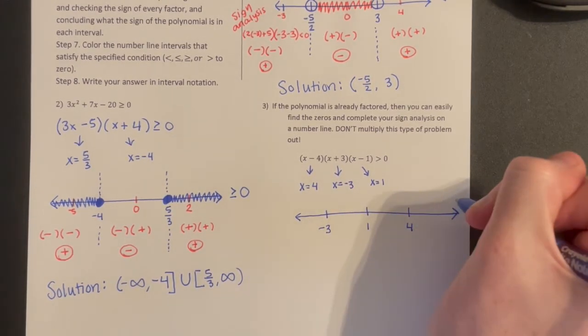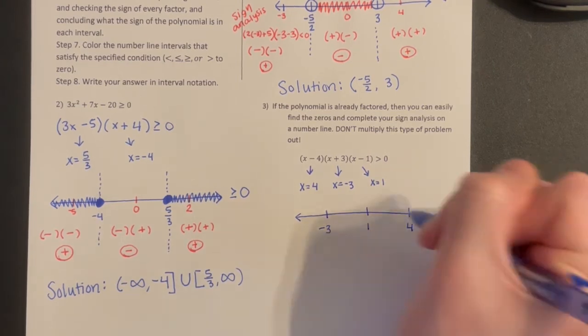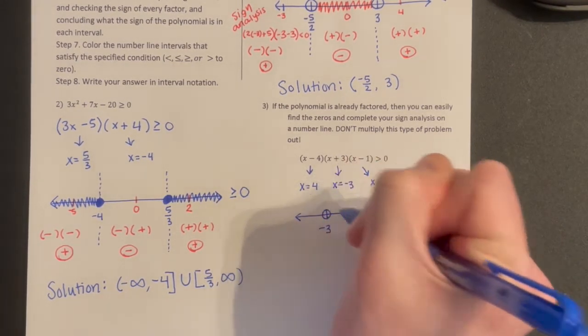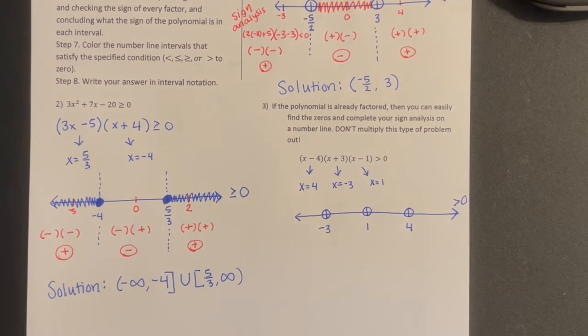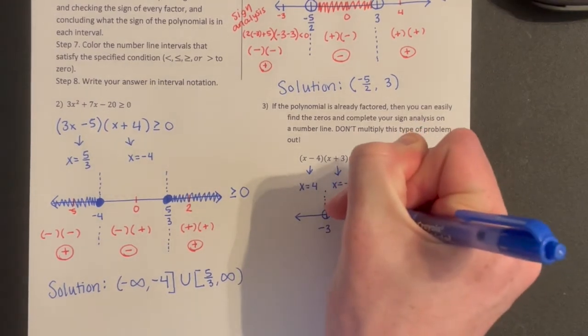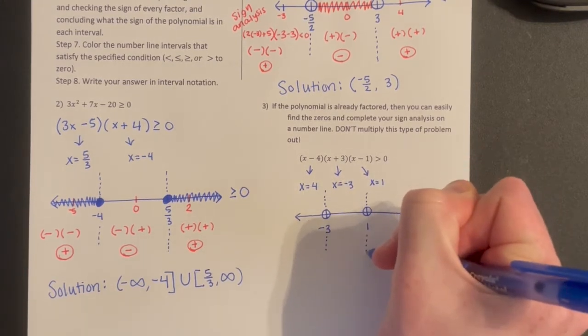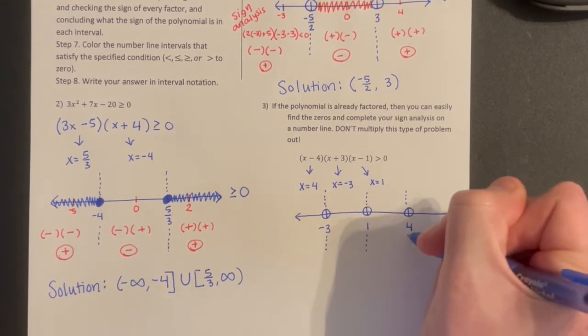We're looking at when it's strictly greater than 0, which means those are all going to be open circles. We have 4 different test intervals to do based off of this. So I'm going to set up our intervals, and you can plug in a value in each interval.